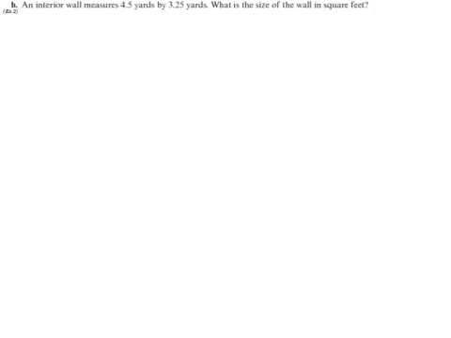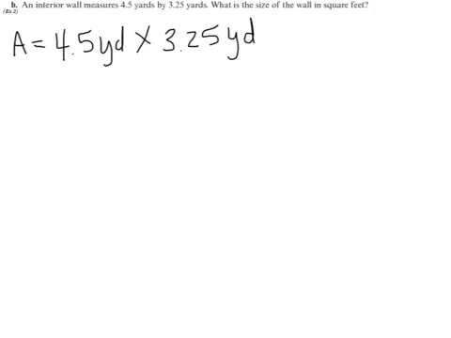So we'll start by finding the area, which is 4.5 yards by 3.25 yards. You want to keep your units there. So 4.5 times 3.25 equals 14.625. Yards times yards is yards squared.